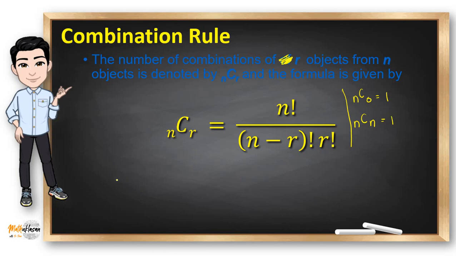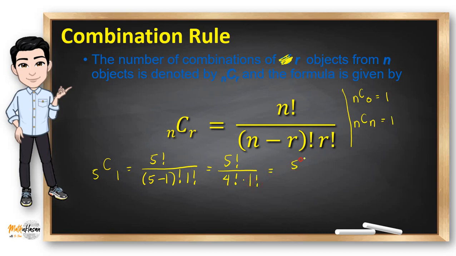Now, how about if we are looking for the combinations of 5 objects taken one at a time? The answer here is 5 factorial divided by 5 minus 1 factorial times r factorial, where r is equal to 1, so this is 1 factorial.